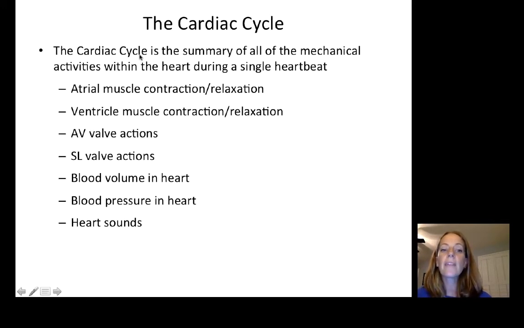So we can then describe all of the mechanical activities during a single heartbeat that are ultimately caused by the electrical activity. So we're going to have the SA node, AV node, etc., which is going to cause the electrical activity and start the heartbeat. But once the cycle starts, everything spreads through gap junctions, and we get a wave of activity through the heart.